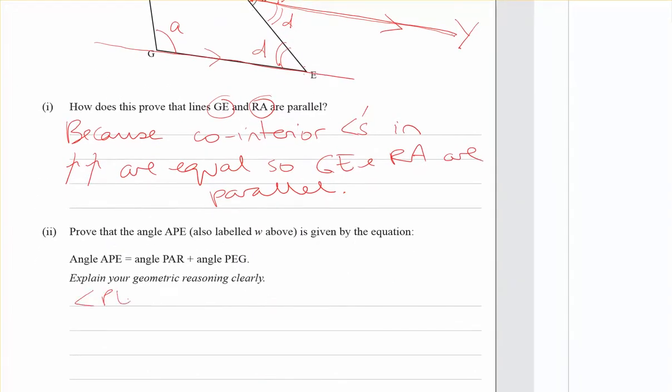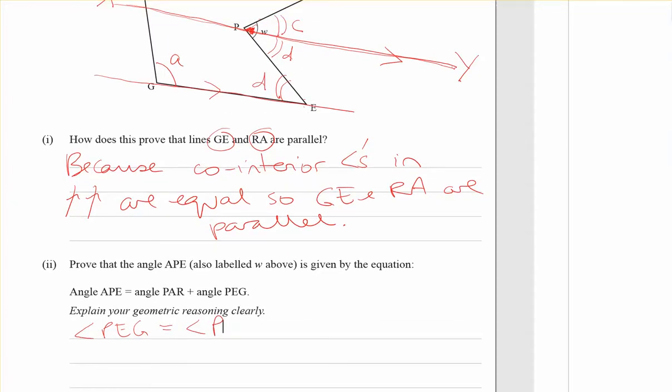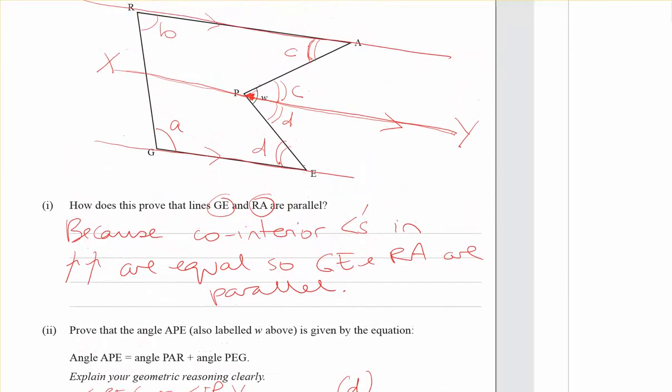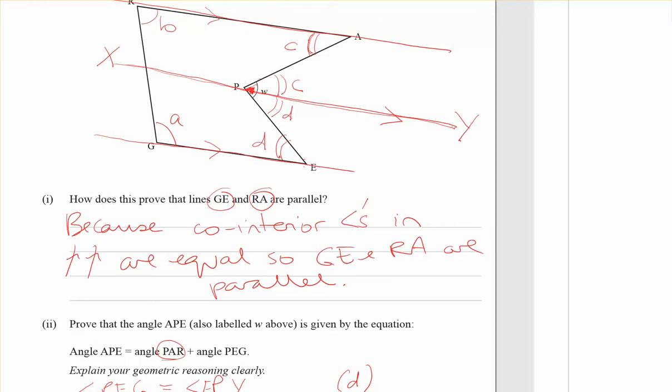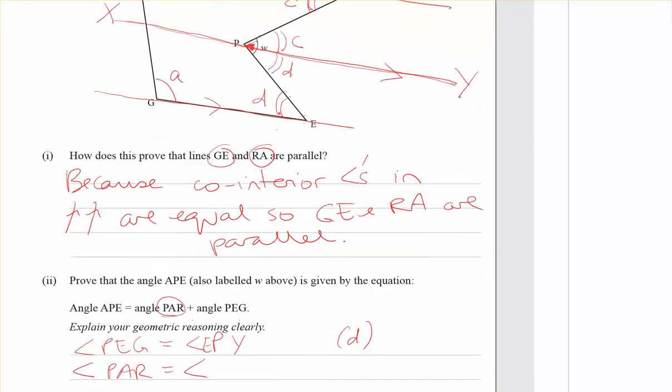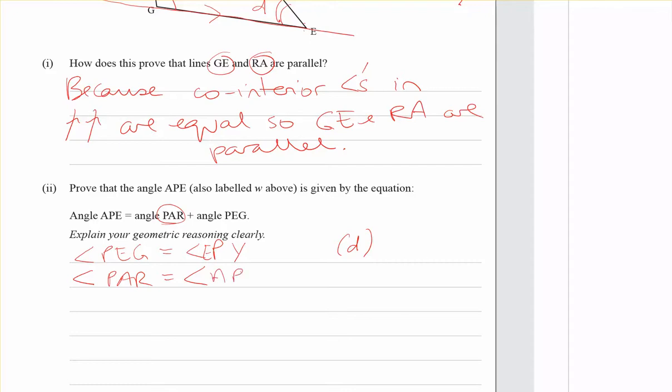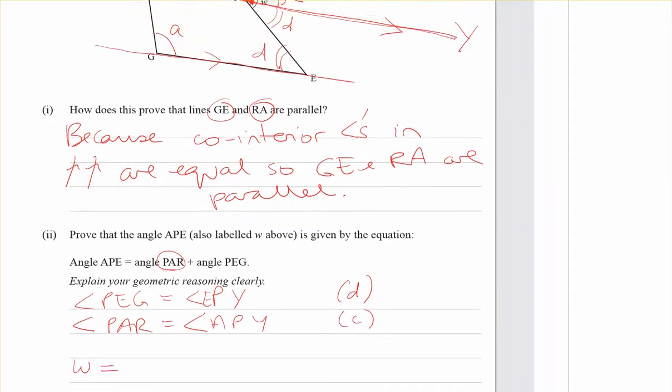So angle PEG equals angle EPY, which we've called D in the diagram, and angle RAP, PAR they call it. It's a bit tricky. Equals APY. We've called it C.